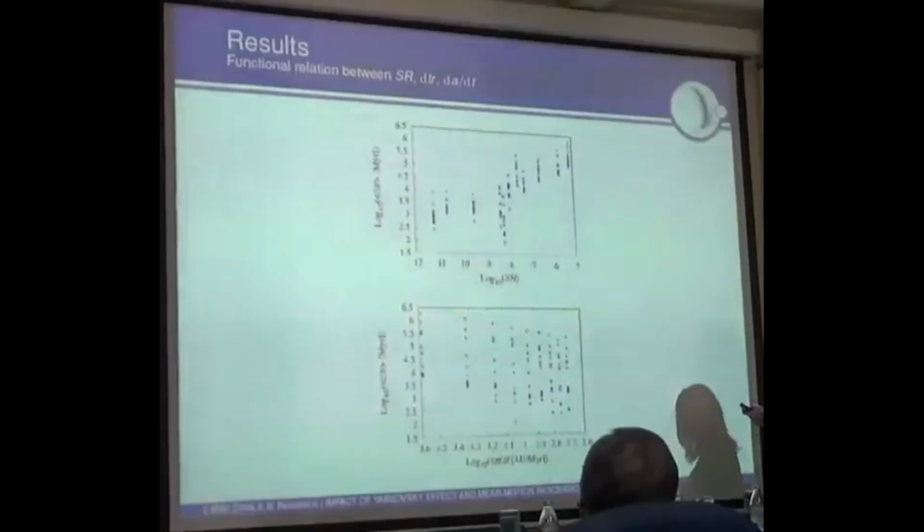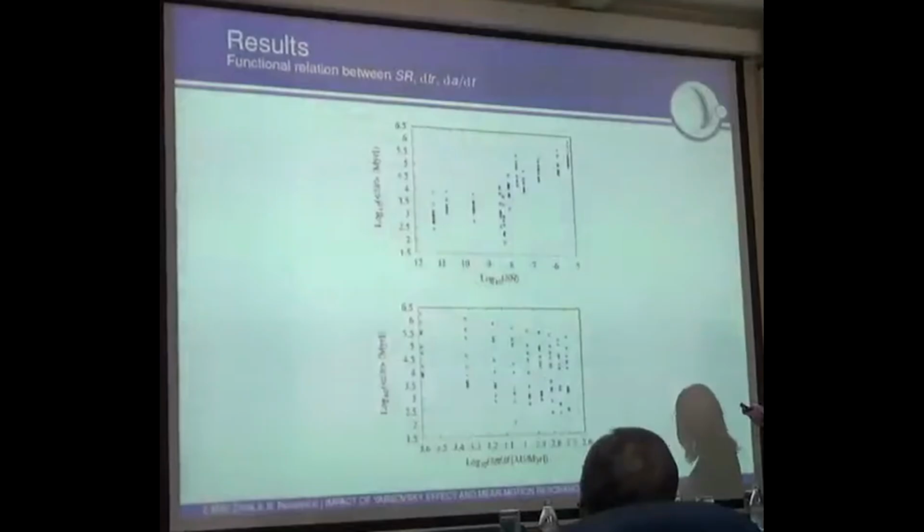And there is our first result. In the upper plane, we can see an approximately linear functional dependence between the strength of resonances and time, in this logarithmic plane. As we can see, this dependence is linear, and that means that the functional relation that describes this dependence is an exponential function.